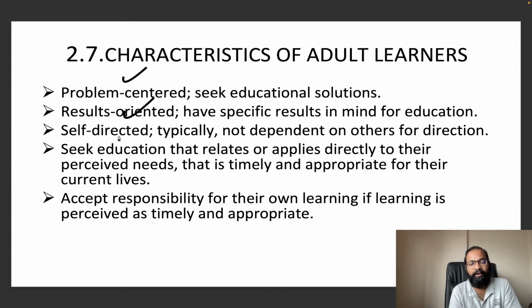Okay, and they are self-directed, self-motivated. They don't depend upon others. And they seek education that relates or applies directly to their perceived needs. That means whatever subject they want to learn, they will learn that only. Okay, and they accept responsibility on their own. Right?